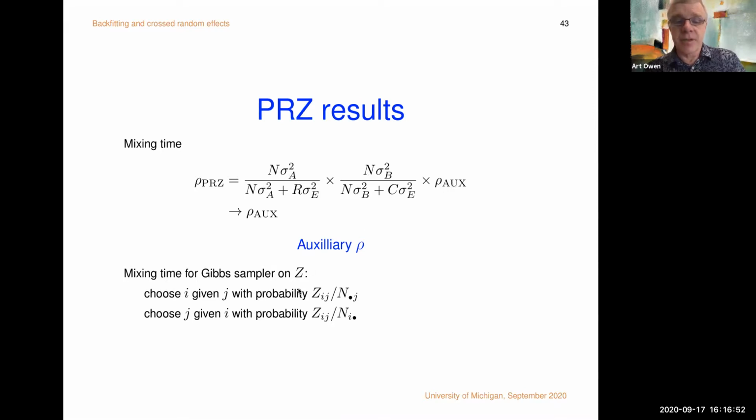The auxiliary mixing time is: if you have a customer pick a random item that they bought or that they looked at, if you have an item, pick a random customer, then go back and pick a random item, random customer, equal probability. You're doing a uniform random walk on a bipartite graph. That will have a mixing time. I don't know what it is, but that is basically the mixing time they're going to get. And I'm optimistic that it's good. I don't think they showed it was that good.